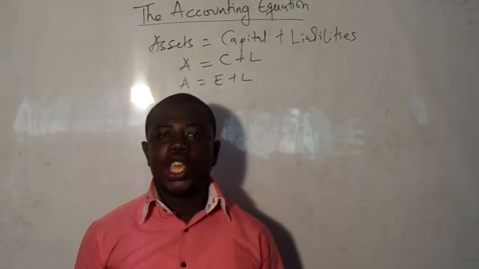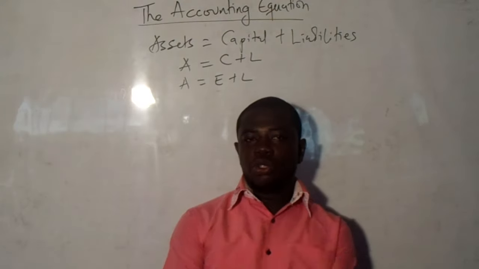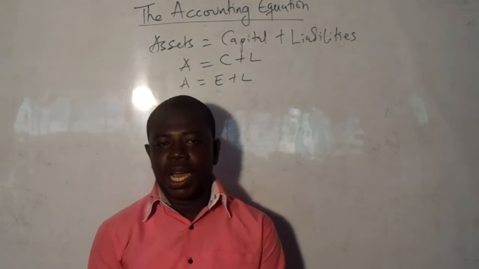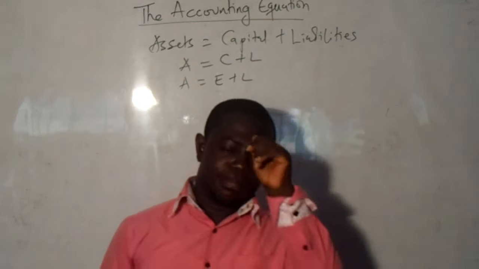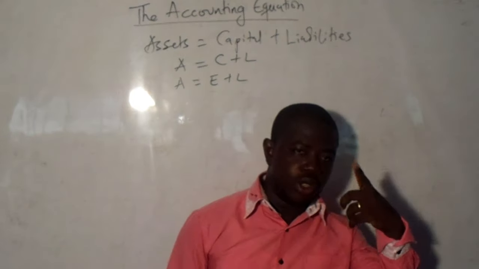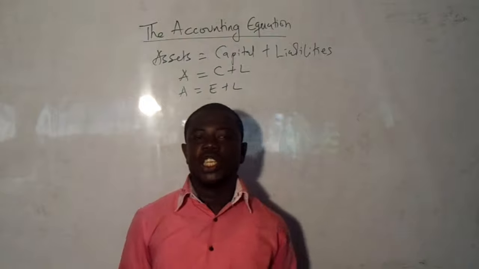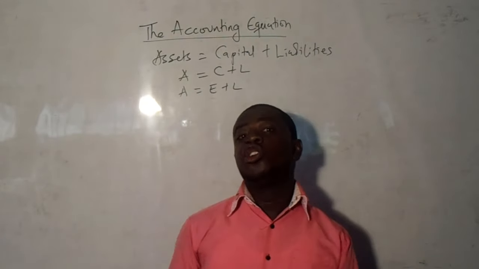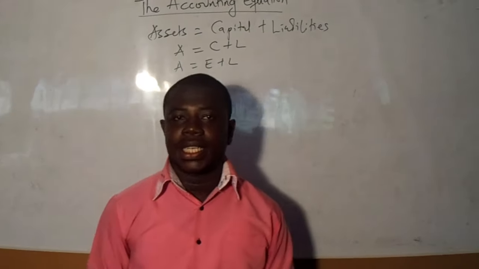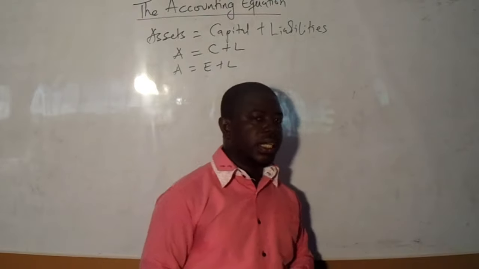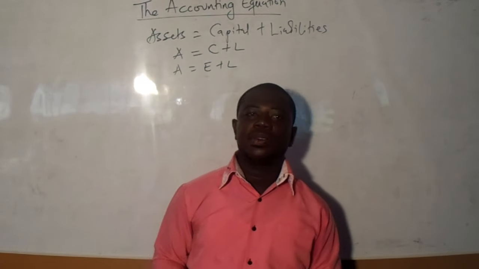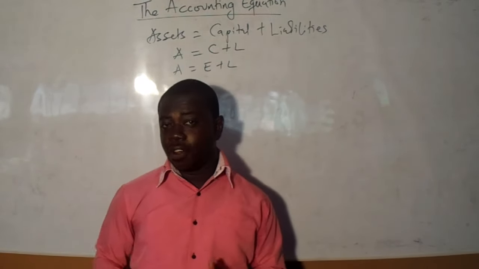The practicability of it is that when you are going to buy something, let's say a cap for use, and you get to the shop and previously you used to buy it for 10 cedis, and then you ask for the price of a cap, and they tell you that it's now 15 cedis.